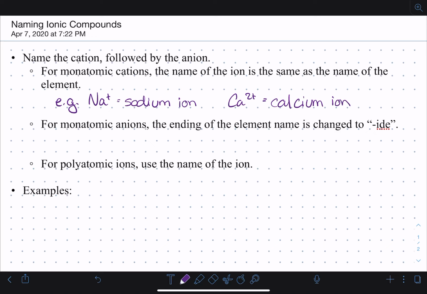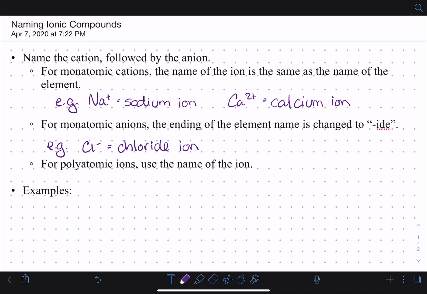For monatomic anions, it's a little bit different. The ending of whatever the element name is going to change to -ide. So, for example, the ion formed by chlorine is Cl-, and we refer to that as the chloride ion.